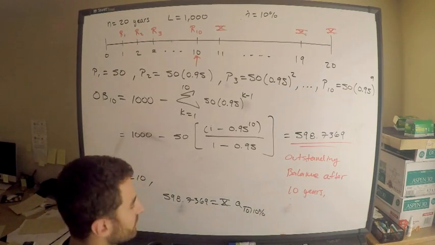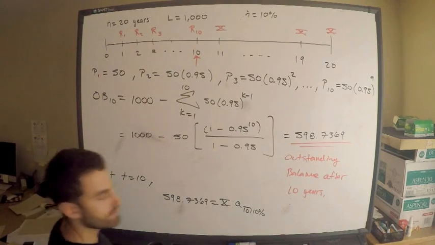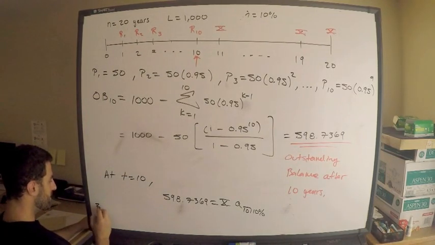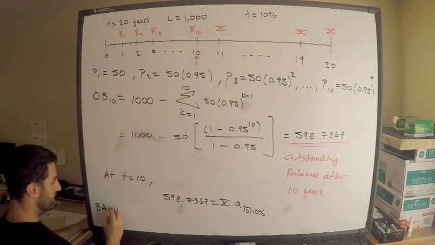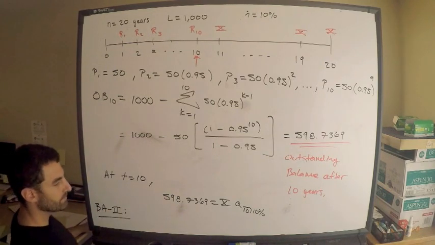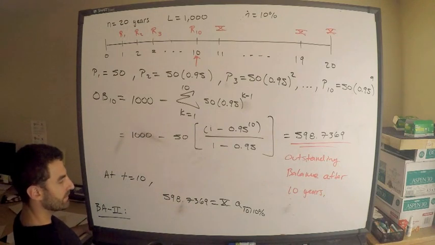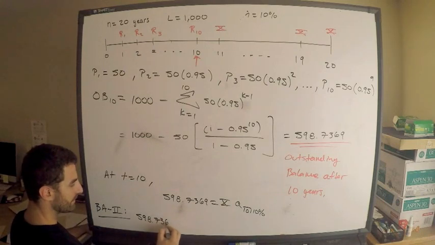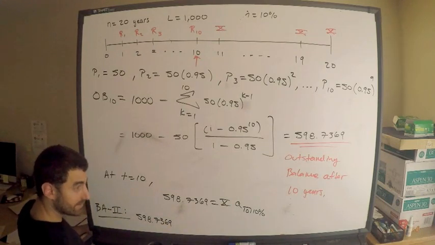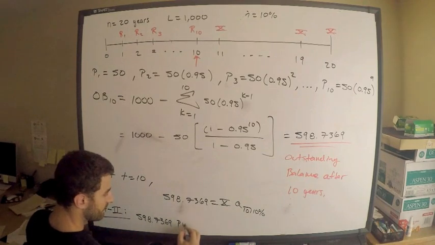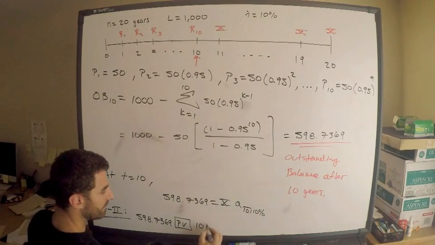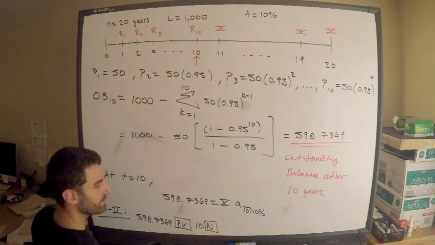This is calculator work. Actually, let me just write down how to do this in the BA II Plus. Okay, on the BA II Plus, these are the steps. Going from left to right, we're going to do the following keystrokes. 598.7369. This is actually our present value, so PV. Then I want to do 10 is N, that's the number of periods I have.